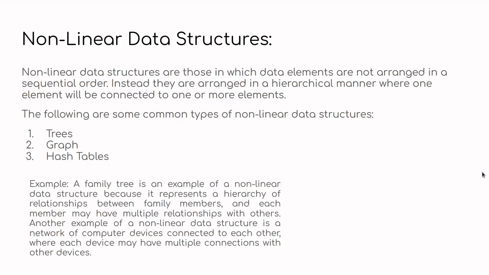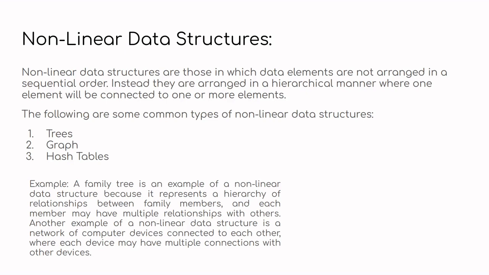Now let's understand non-linear data structures. Non-linear data structures are those in which data elements are not arranged in sequential order. Instead, they are arranged in a hierarchical manner, where one element is connected to another element, and can be connected to more than one.